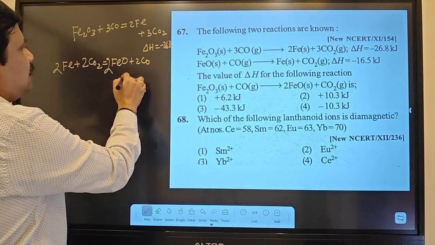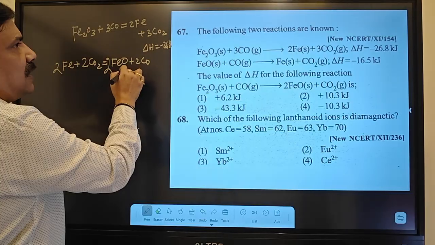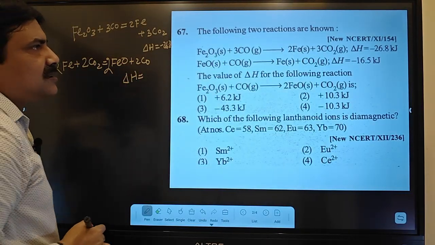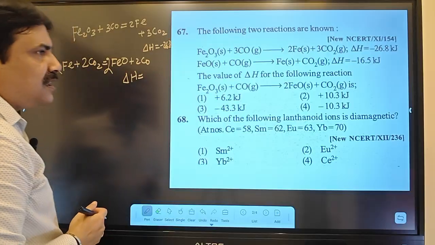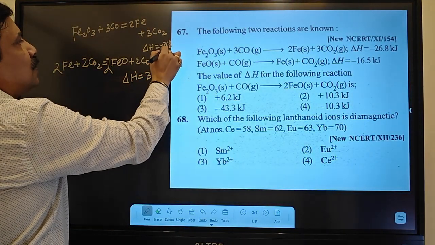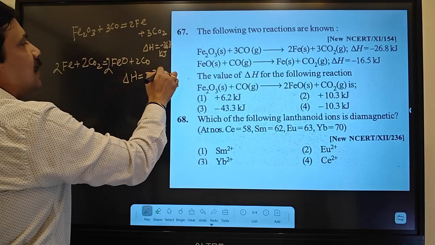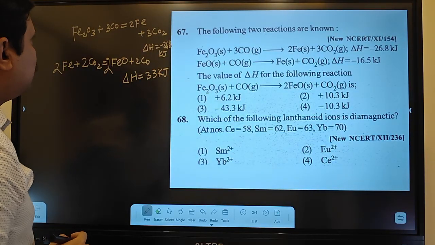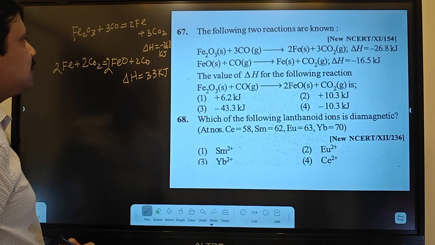So for this, delta H will be equal to 16.5 into 2, which is nothing but 33. Both are in kilojoules, so there is no need for unit conversion. So 33 kilojoules. Now I add these two reactions.